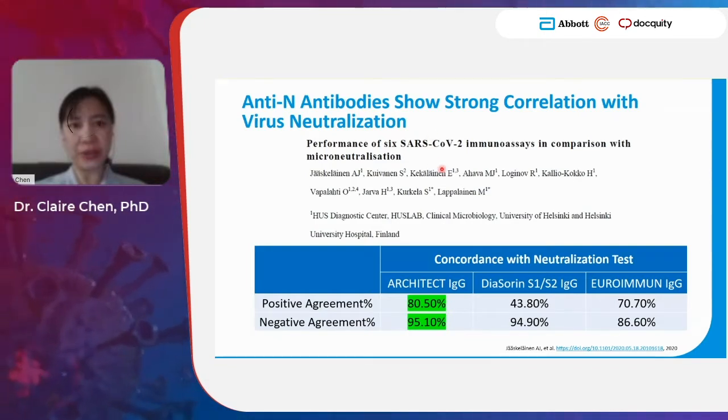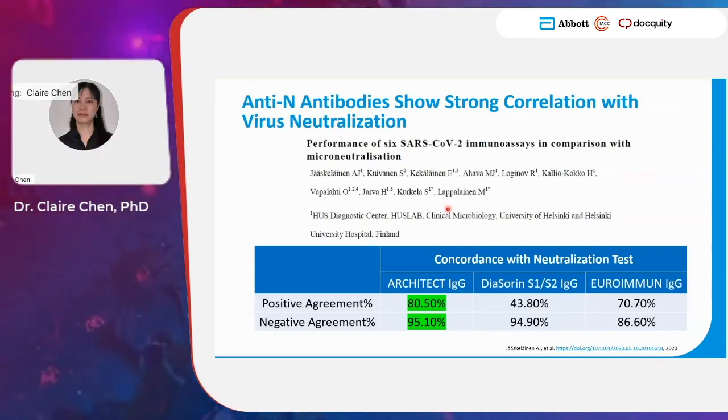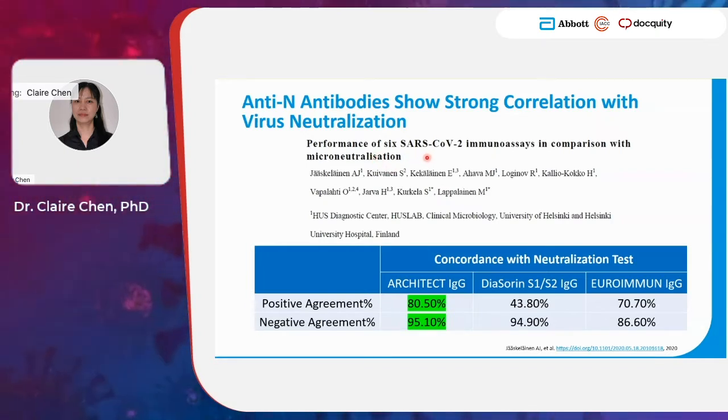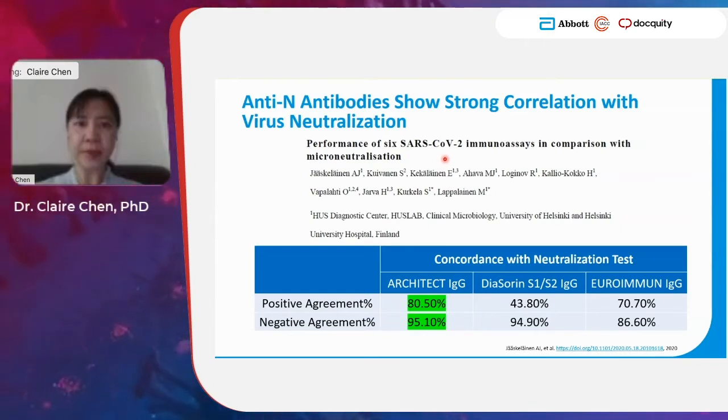In this study from Helsinki, Finland, the authors evaluated 6 SARS-CoV-2 immunoassays, including 5 IgG assays, of course including our Architect assay. They compared the results from these assays against the neutralization test result. They included our Architect IgG assay, the DiaSorin assay, the Euroimmun IgG assay, and a few other rapid test assays.